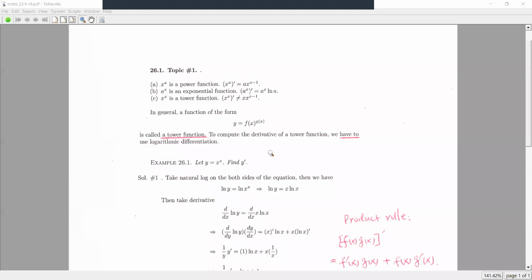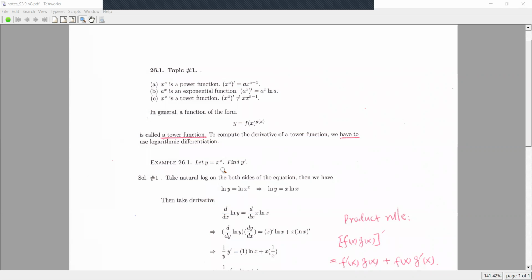Now, let me show you some examples of how to compute the derivative of a tower function. Example 1. Let y be this function, x to the x. Find the derivative of the function.